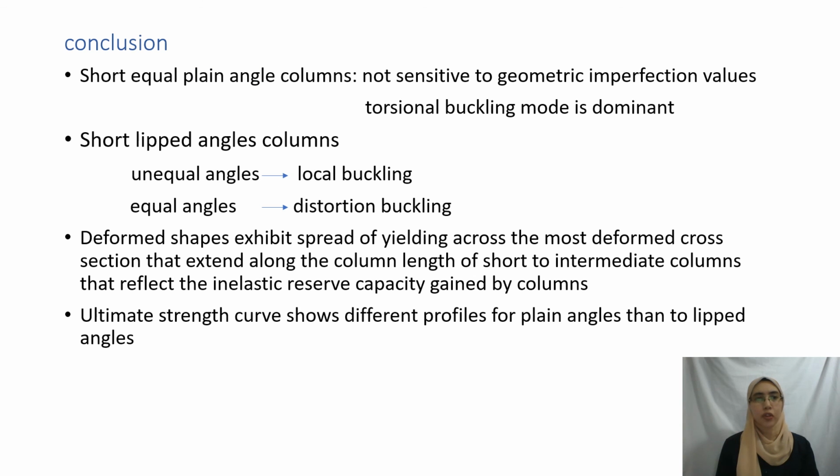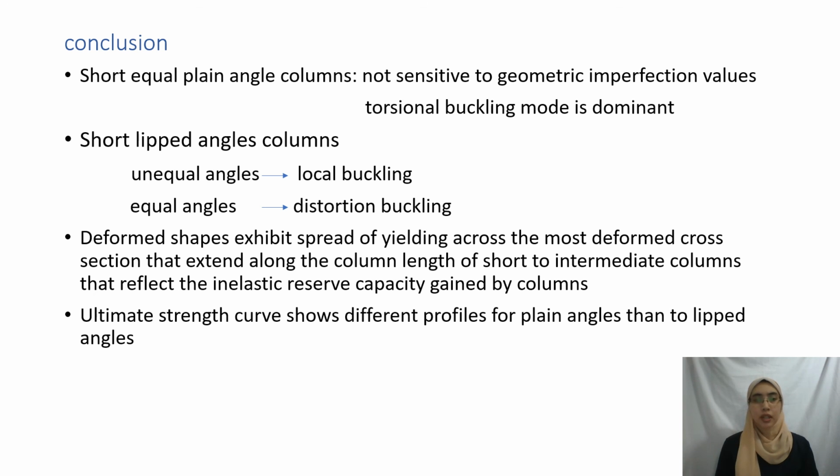The observation of the behavior and ultimate strength of equal and unequal plain and lipped angles shows the following remarks. First of all, the short equal plain angle columns are not sensitive to geometric imperfection values, and the torsional buckling mode is dominant. For short lipped angle columns, the unequal angle columns show local buckling, while the equal angles show distortional buckling.